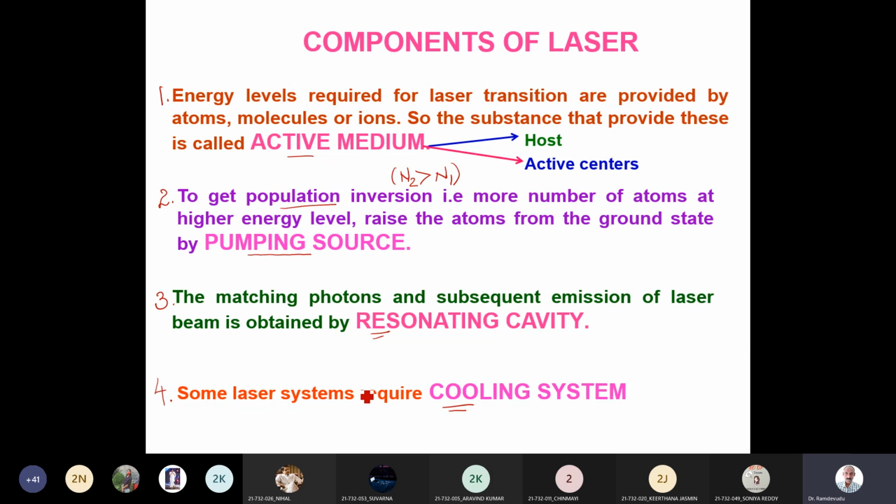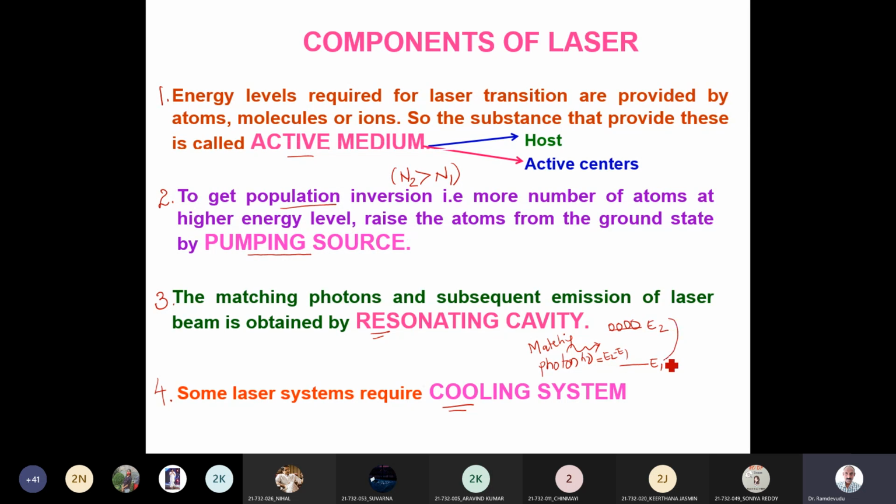I told you in the earlier classes that a laser is a resonator. That means if I have the E2 level here and the E1 level here, I will give you a photon h nu, which is called a matching photon. If I give a matching photon, what happens is this: if atoms are there, this photon moves in the system, and it has h nu equal to E2 minus E1.